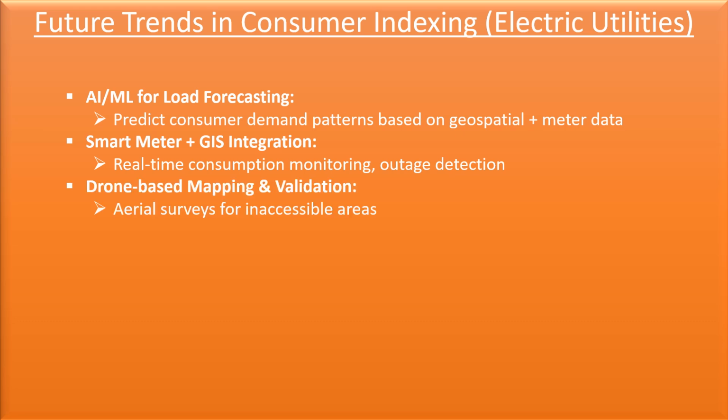Drone-based mapping and validation, that is, aerial surveys for inaccessible areas. Some places are difficult for the field crew to reach to capture the details. There we can send a drone to capture the details.